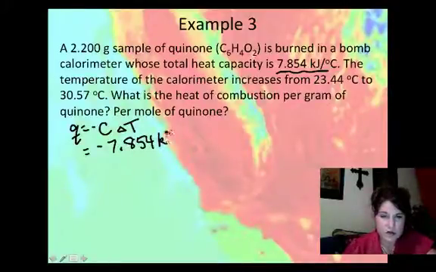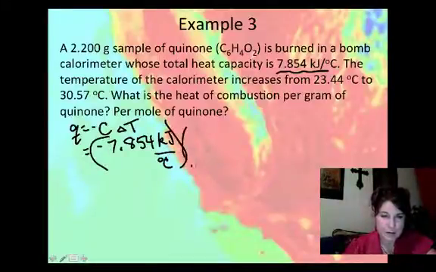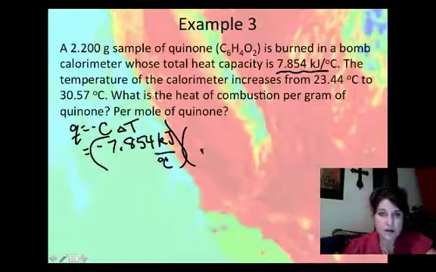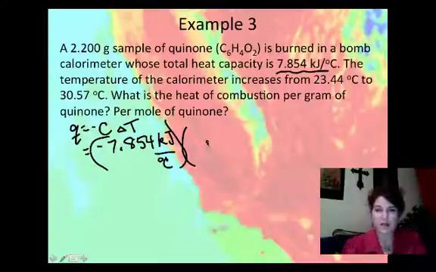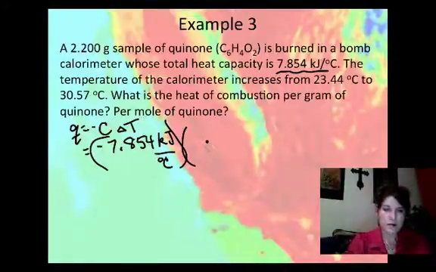7.854 kilojoules per degree Celsius. We're going to multiply that by the change in temperature. So final minus initial, I'm going to take 30.57 minus 23.44. Got to get that decimal point in.